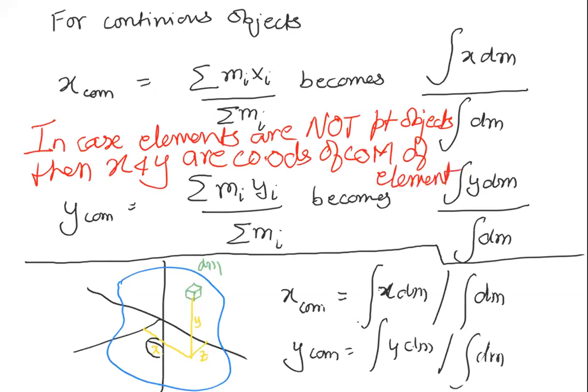We will see that in the next class, not today. In case the elements that you have chosen are not point objects, then this x and this y will become the x and y coordinates of whatever element you have chosen. Okay? I'm going back now to that slide.